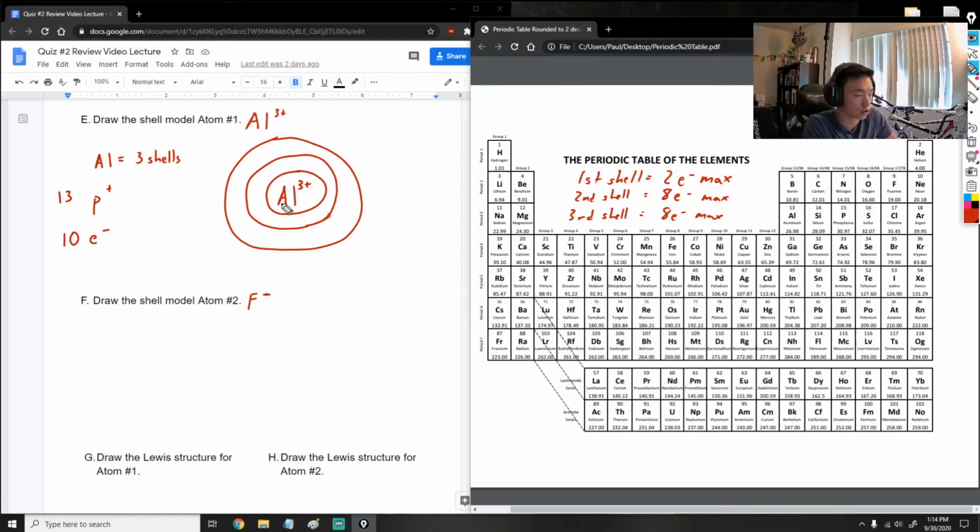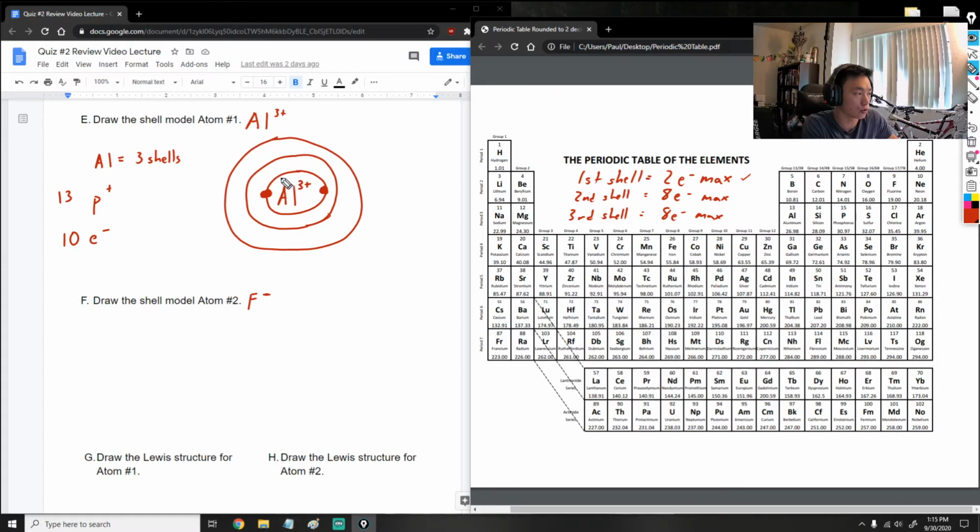Okay, so now we know the maximum number of electrons that go in each shell, so we can start drawing those out. We always want to start from the inside out. We have 10 electrons, so let's draw them. We're going to draw 1, we're going to draw 2. But once we draw the 2, we can't put any more in the first shell, because the first shell can only hold 2 electrons. So we're done with that one. Now we move on to the second shell.